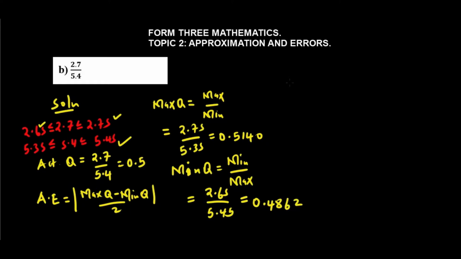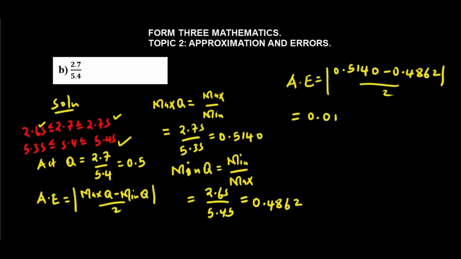From there, we can now determine the absolute error, and that will be the absolute value of the difference between 0.5140 and 0.4862, all divided by 2. So that will give us 0.0139.